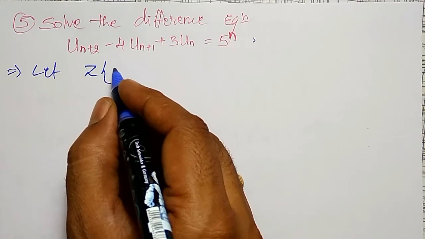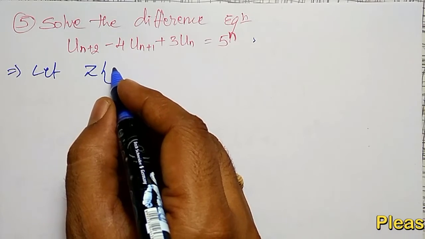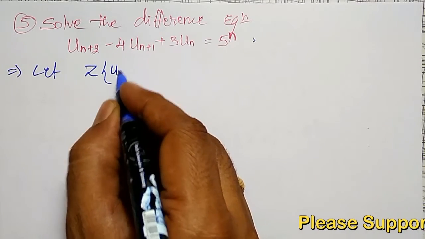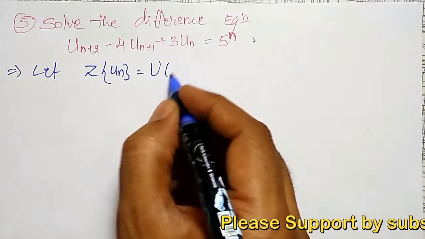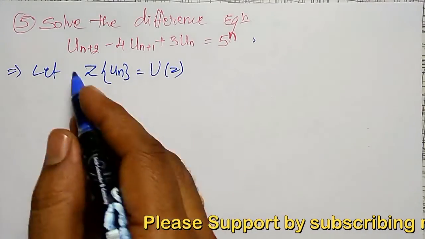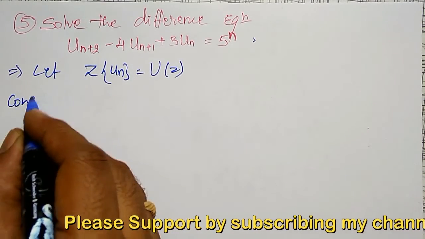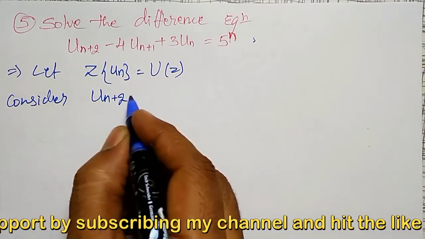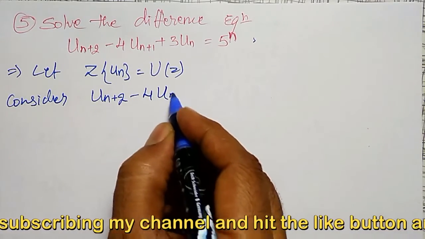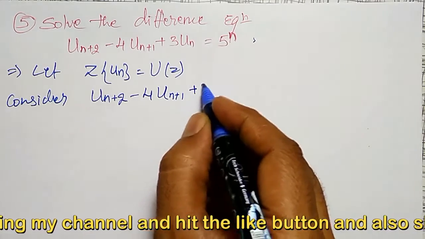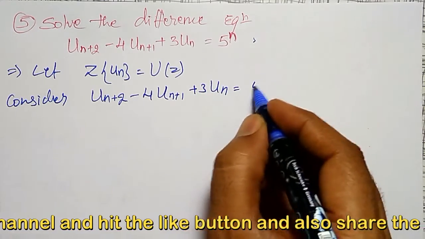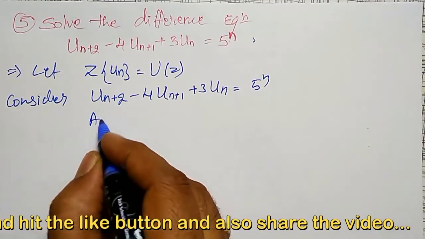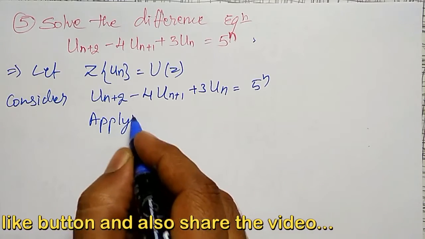Let the z transform of u(n) equal capital U(z). Consider u(n+2) - 4u(n+1) + 3u(n) = 5^n.